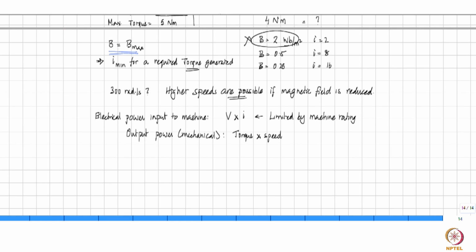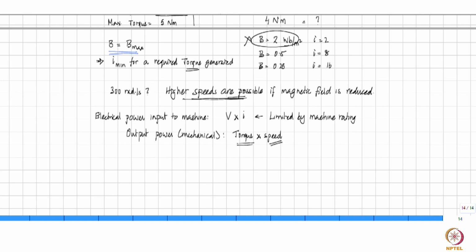Now, going to higher speeds therefore means that if you want speed to be greater than the rated speed, the machine cannot deliver a mechanical torque that is equal to the rated level of mechanical torque.